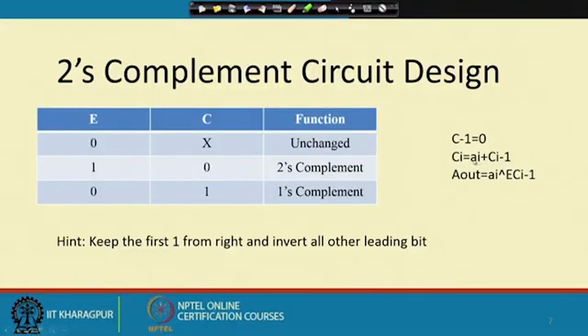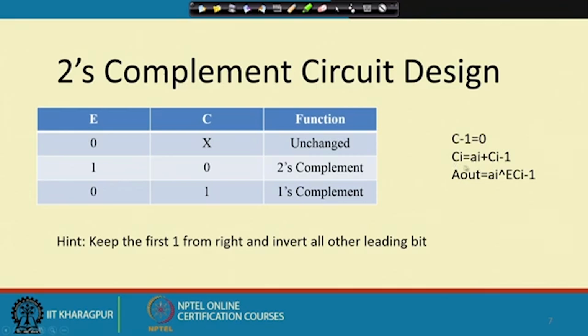I can calculate it using the equation A_i OR C_(i-1), where C_(i-1) is the previous stage carry output, ORed with the corresponding input bit, and you get the carry out for that stage.